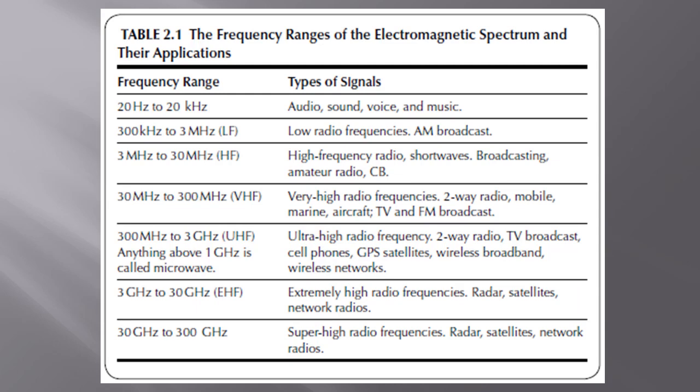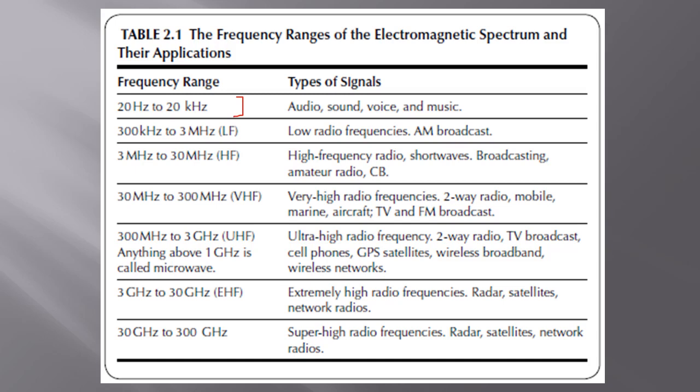These are also groups of frequency ranges where normally we have names for each particular area. Of particular interest here is the signal in the area of 20 hertz to 20 kilohertz.